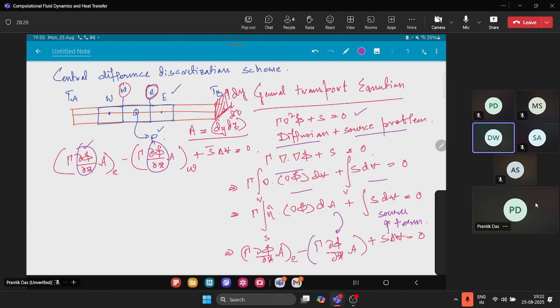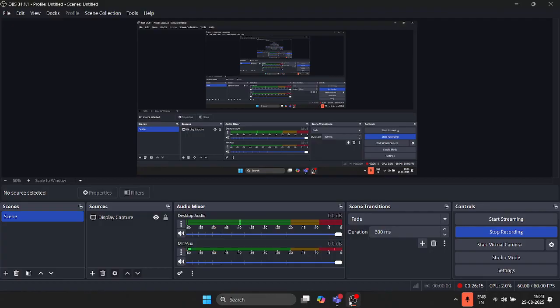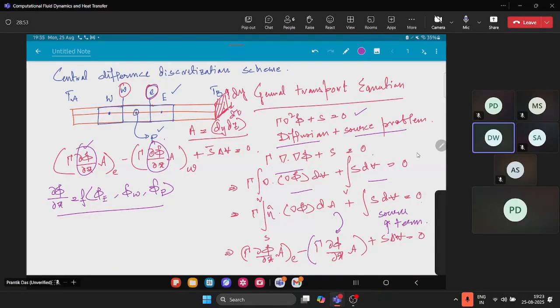So d phi dx will be expressed as a function of phi e, phi w, and phi p. We are converting a partial differential equation into a set of algebraic equations. That's what we are doing. Is it clear to all of you what I'm doing?